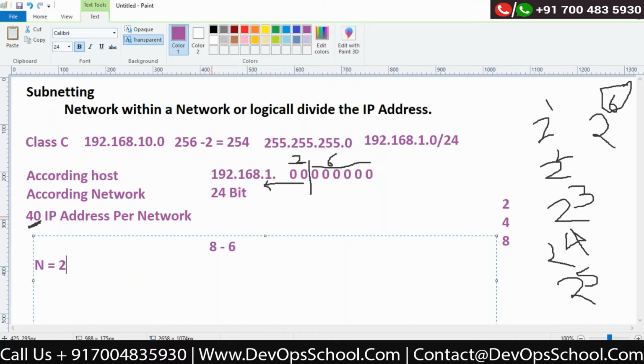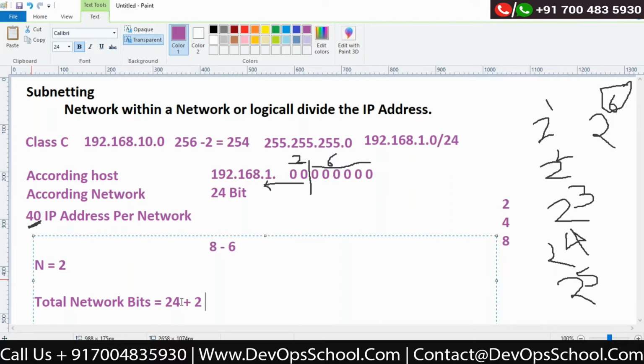Now, how many total network bits are converted? The formula would be total network bits. How many total network bits do we have? 24. And how many are we converting? These two.